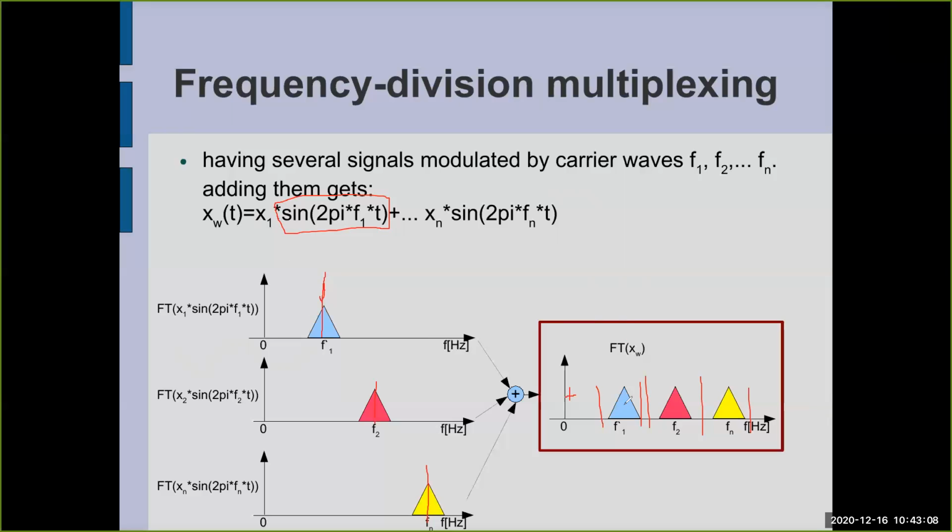The same, if I demodulate this signal, I can recover the X2 signal and so on. So even though the signals were mixed together, because they were modulated using different frequencies, I can extract each of them.